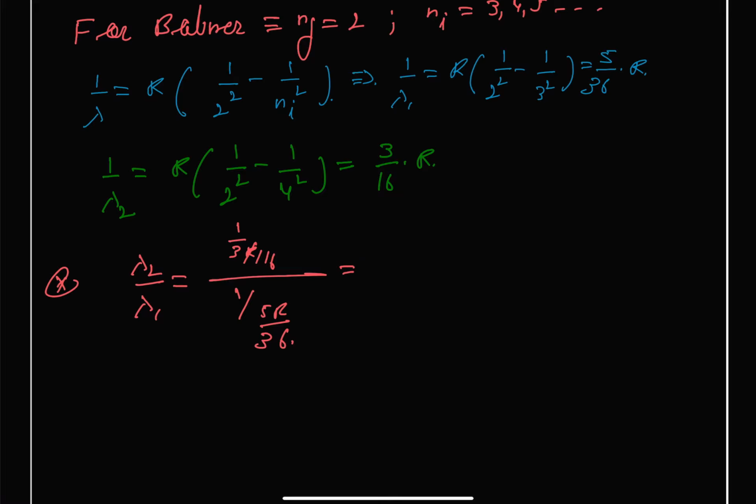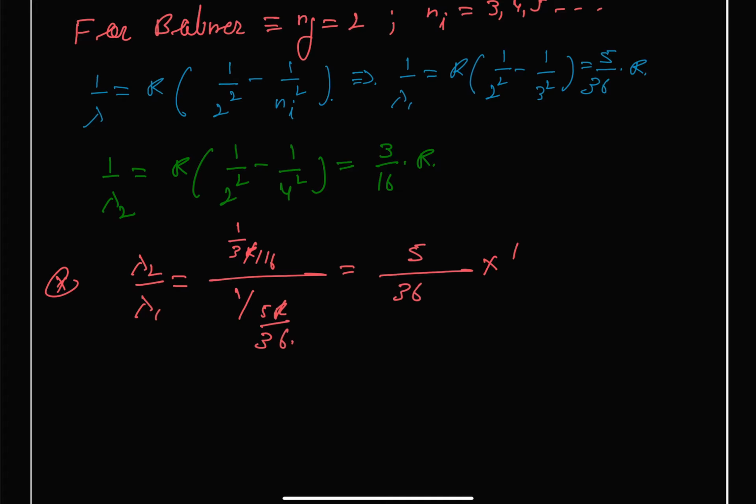So R and R cancel out, so we get this as 5 upon 36 multiplied by 16 upon 3.